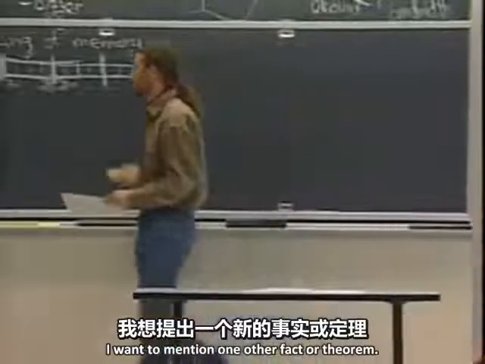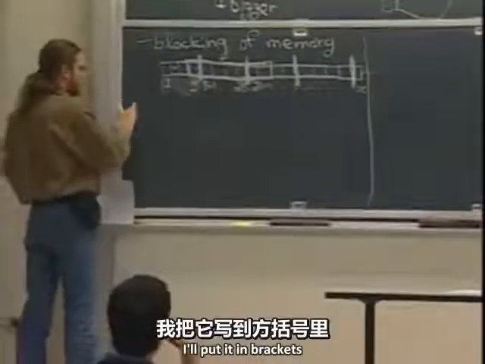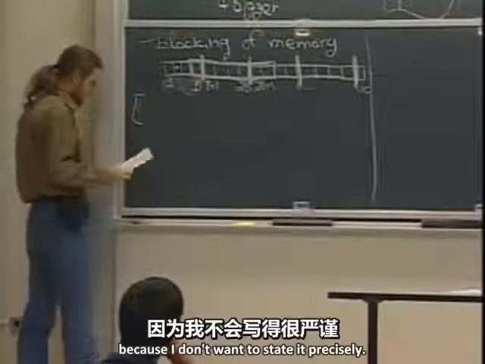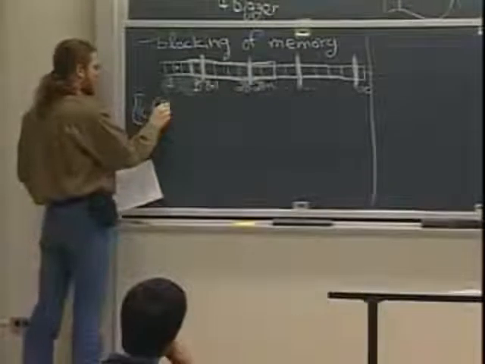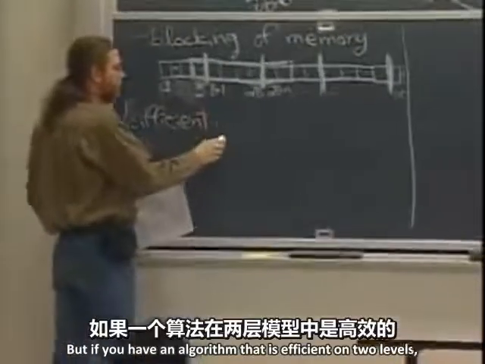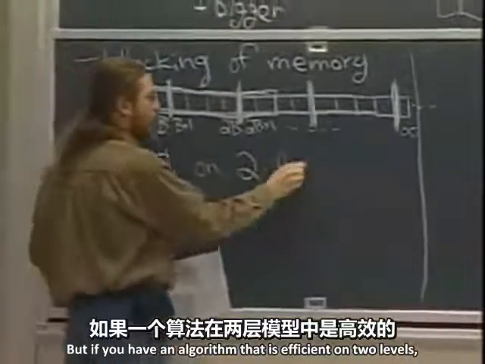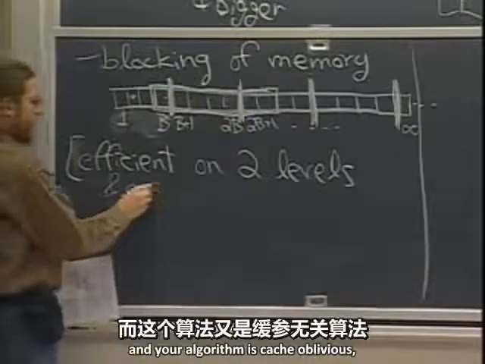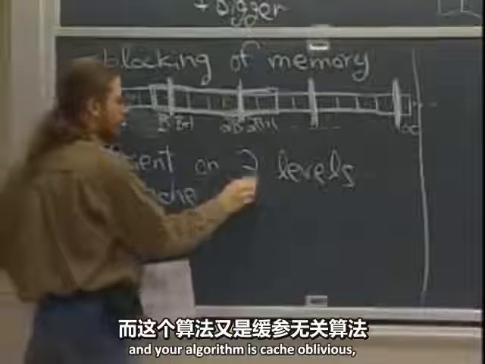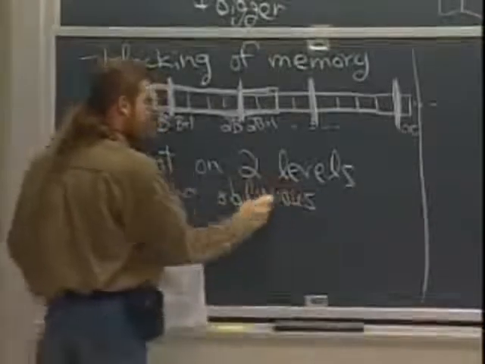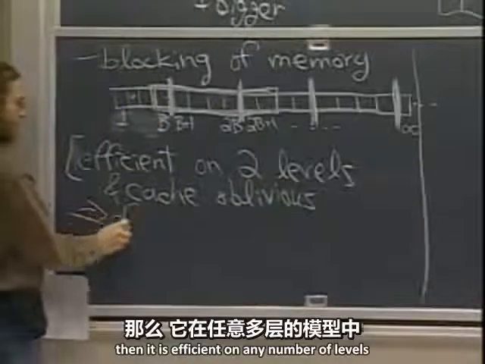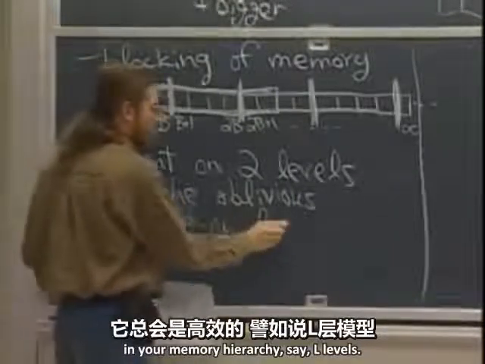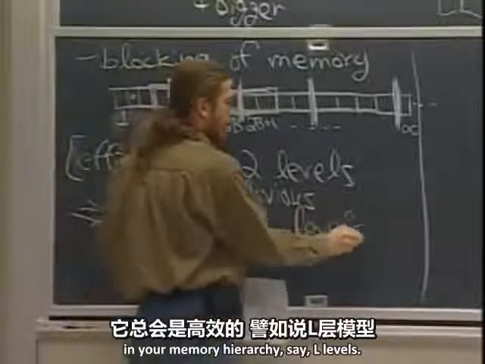I want to mention one other fact or theorem. I'll put it in brackets because I don't want to state it precisely. But if you have an algorithm that is efficient on two levels, so in other words, if we just think about the two-level world and your algorithm is cache oblivious, then it is efficient on any number of levels in your memory hierarchy, say L levels.